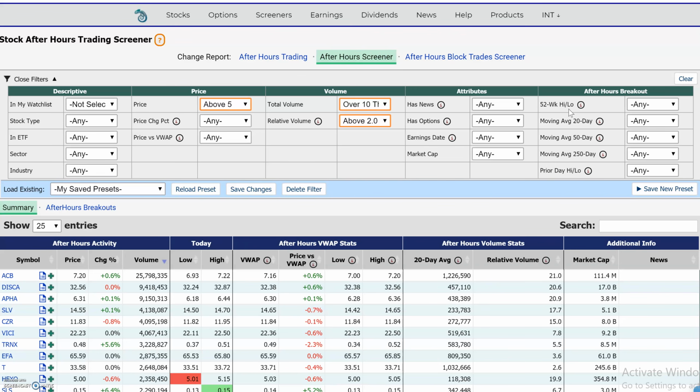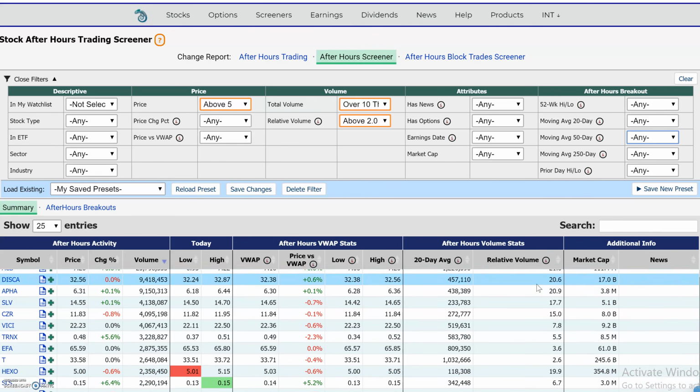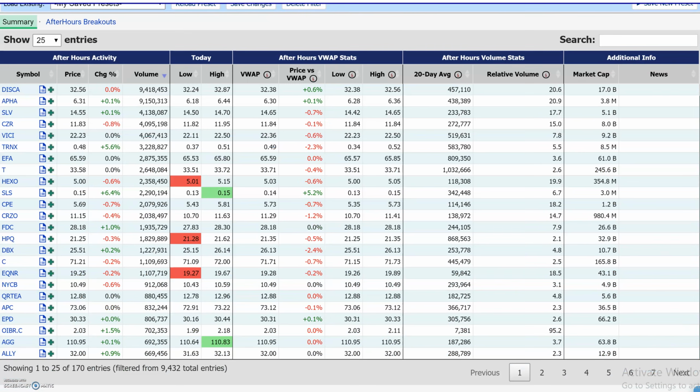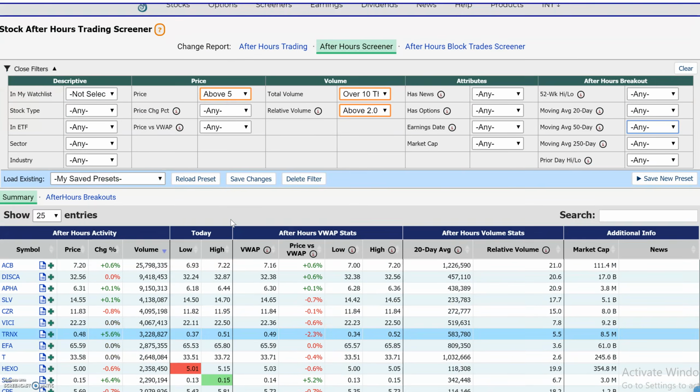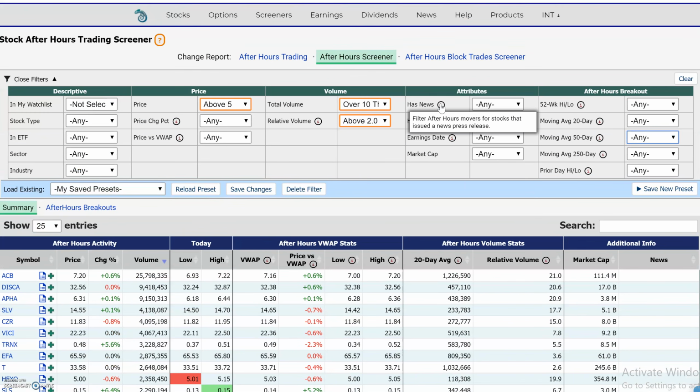If it's breaking the 52-week high or low, if it's crossing the moving average after hours, or if it crosses the day's high or low, then you could set it with these filters, and then it'll narrow down your choices in the data table below. So hopefully this was very helpful, narrowing down stocks that are trading in the after hours and seeing what type of activity is going on.